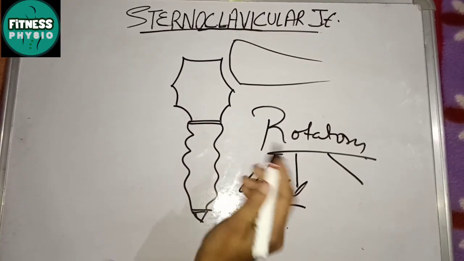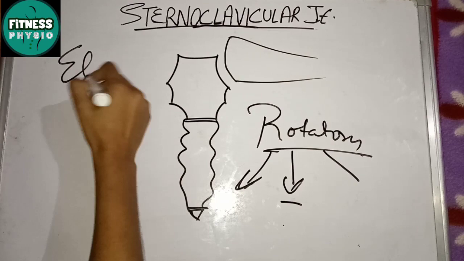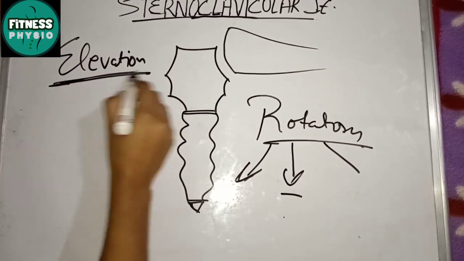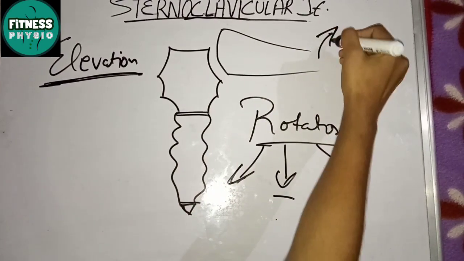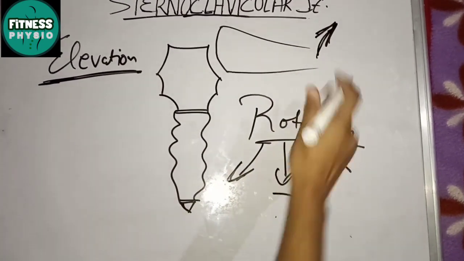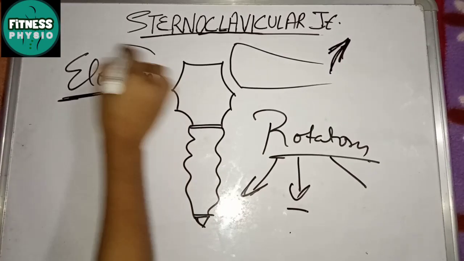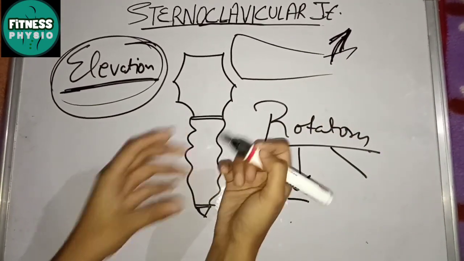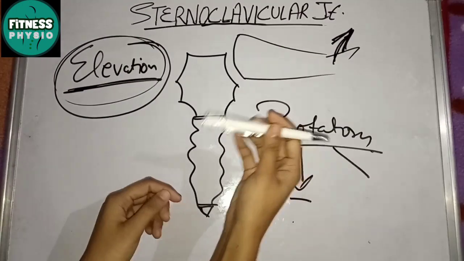Let's talk about elevation first. As the name suggests, elevation means upward motion, superior motion. Elevation happens at the lateral end of your clavicle.